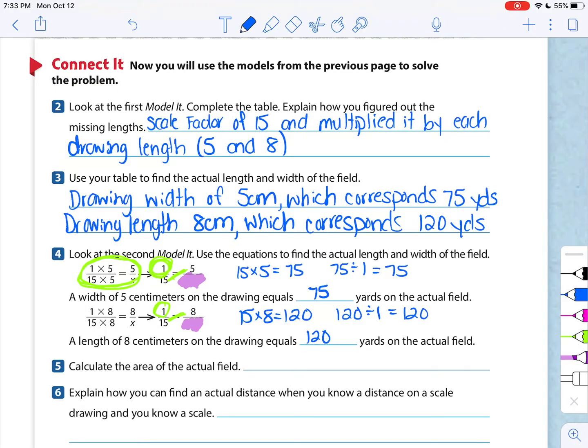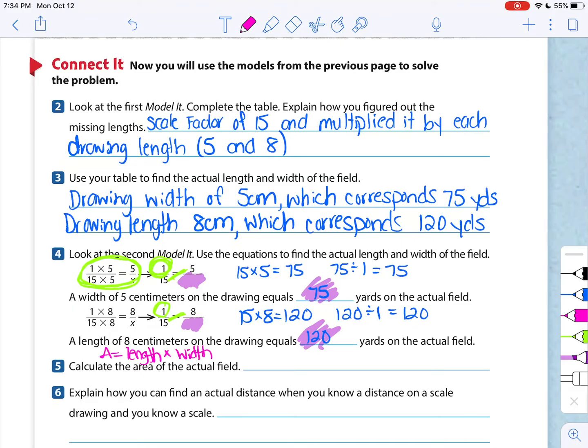Then number 5 asks us to calculate the area of the actual field. Remember, the original question wanted to know the dimensions, which was our 75 yards and 120 yards. Then it wanted us to take those dimensions to calculate the area. Remember, to calculate area, we multiply our length times our width.